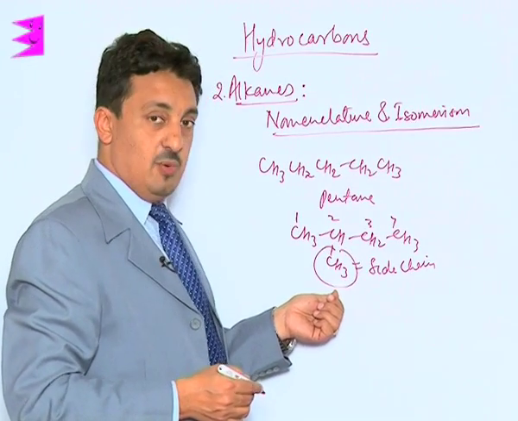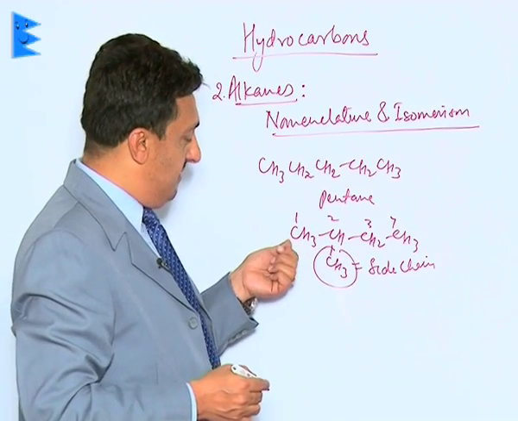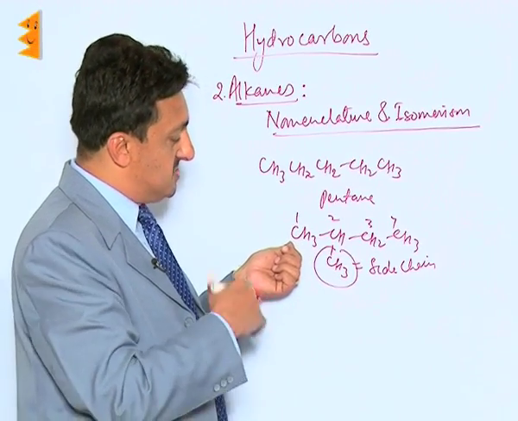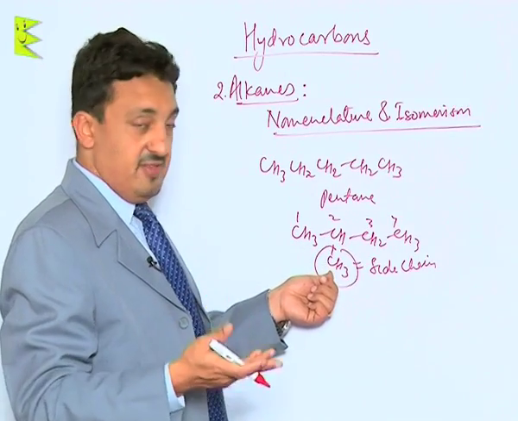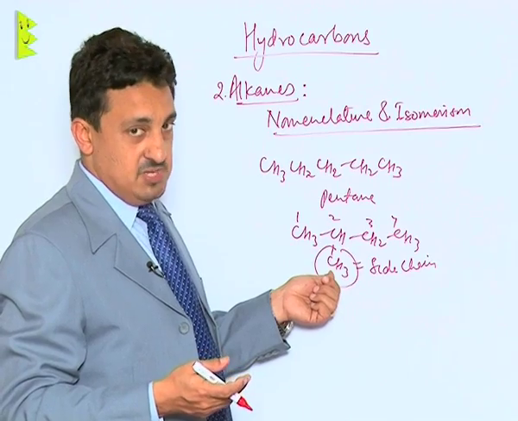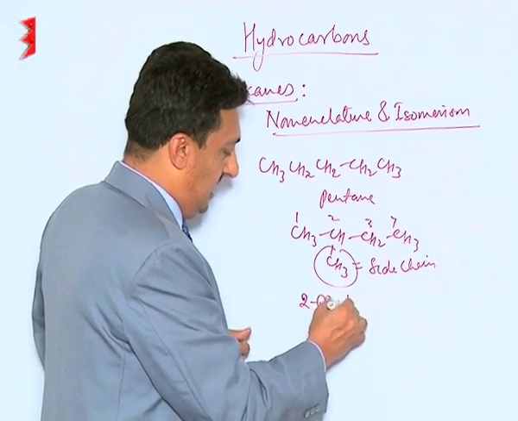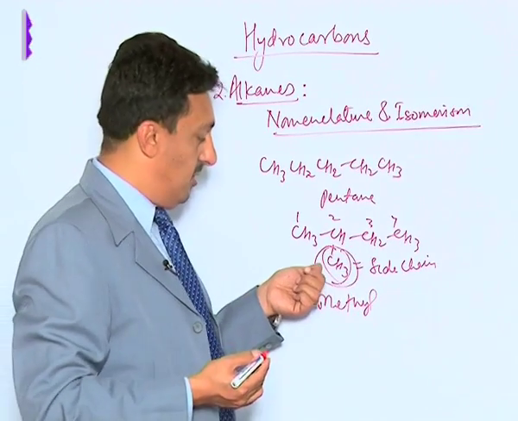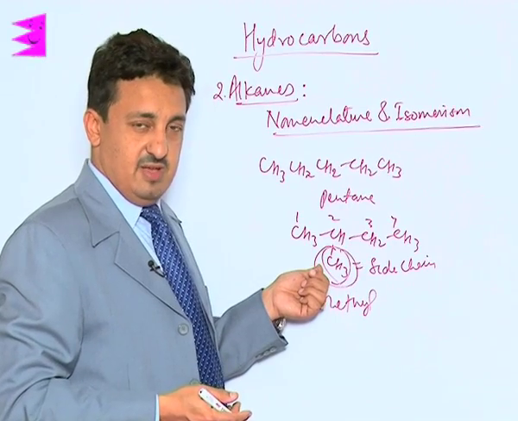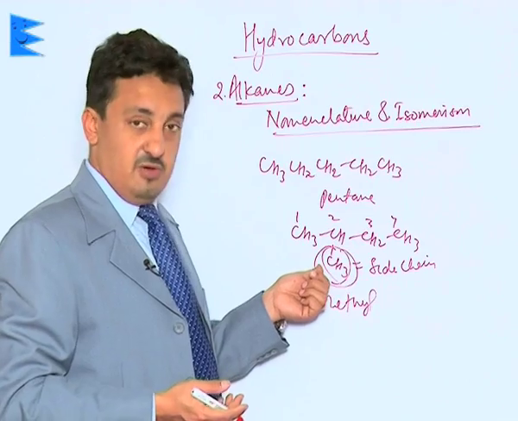We give the lowest locant or the number possible to this side chain, and that is how we will number the carbon atoms from the side which will be giving this particular side branch the lowest possible number. So we will call it 2-methyl. Why methyl? Because this is the methyl. We have already done this kind of nomenclature in the previous chapter, general basic concepts of organic chemistry.